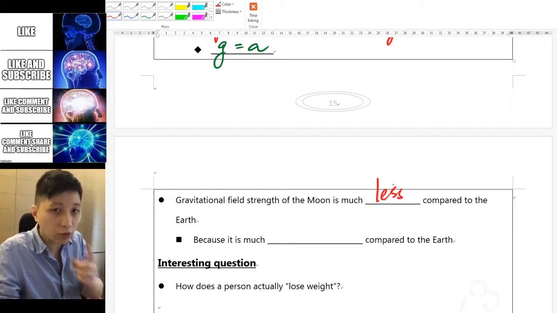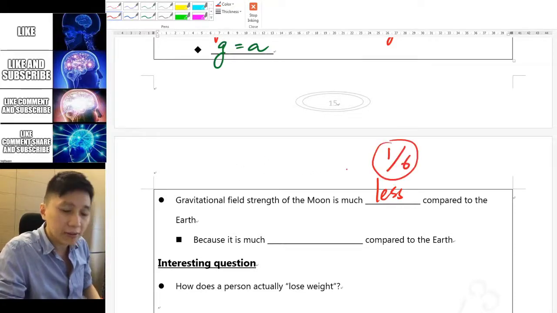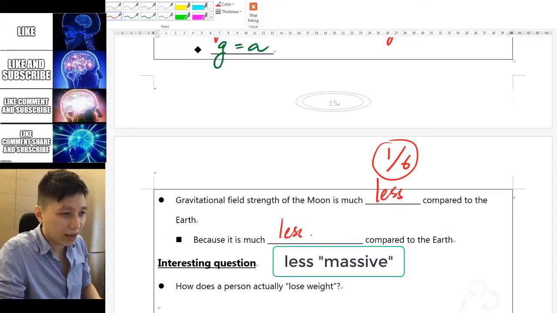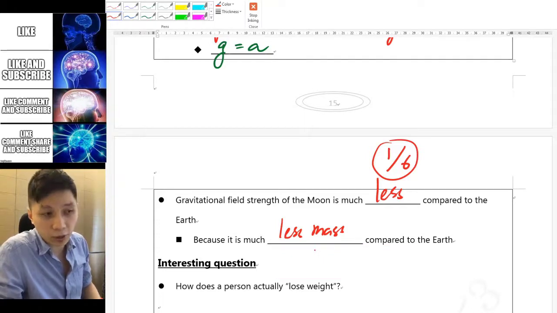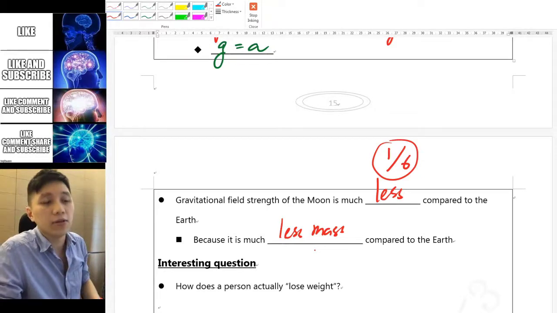More precisely, one number you can remember is that the gravitational field strength on the moon is only 1/6 of the Earth's. This is because the moon has much less mass. I'm not sure if this is the right word to say. The mass is much less compared to the Earth. And that's why the gravitational field strength is much less, and therefore the gravitational acceleration is much less also.